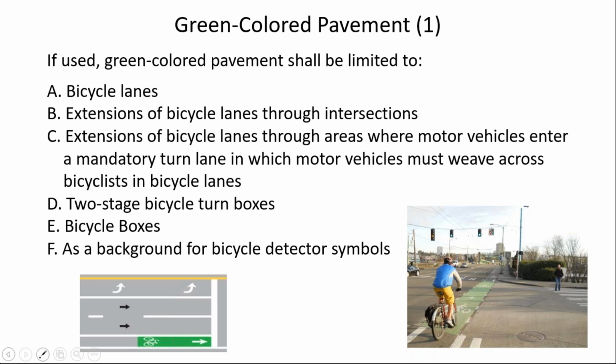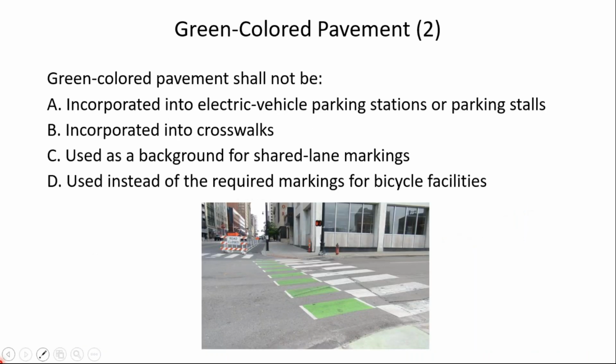You're welcome. The manual also gives some directives, because notice the word shall there, of where green colored pavement shall not be used. Shall not be incorporated into electric vehicle parking stations or parking stalls, not incorporated into crosswalks, although as you see here, they can be adjacent to the crosswalk, but not in the crosswalk.